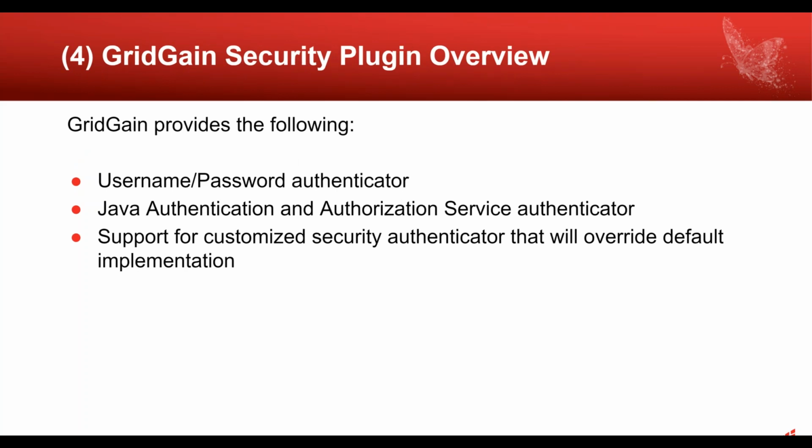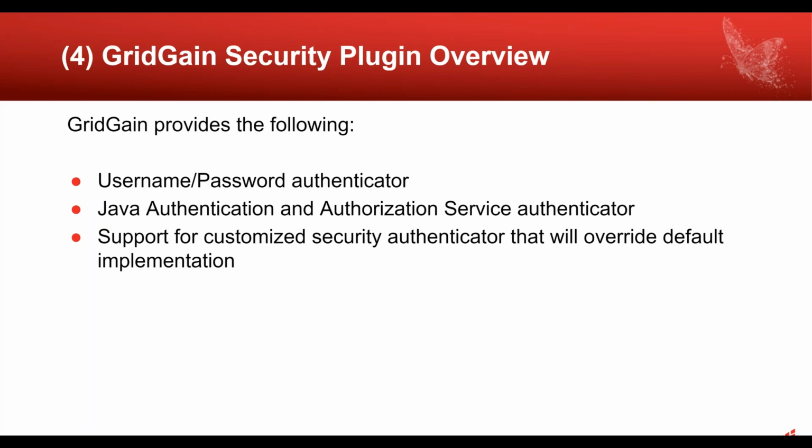GridGain provides more. Let's just take a look at what it contains. GridGain provides the following: a username and password authenticator out of the box. It also provides JAAS authenticators that can work with Active Directory, for example, LDAP or Kerberos.